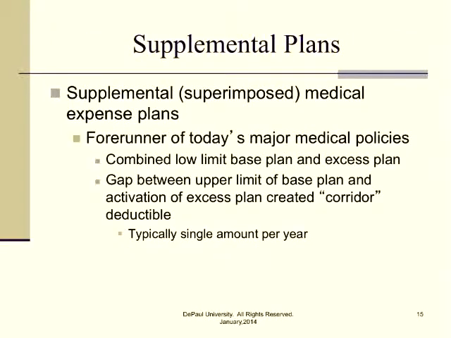Then, many times, in addition to the lower limit plans, people would say, okay, my current plan covers $25,000 or $50,000 worth of expenses. After that, I'm going to superimpose a supplemental plan for medical expenses, and that actually became the forerunner of what's called comprehensive major medical today.